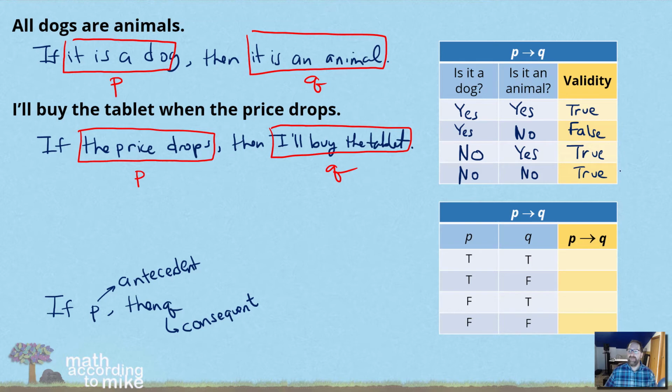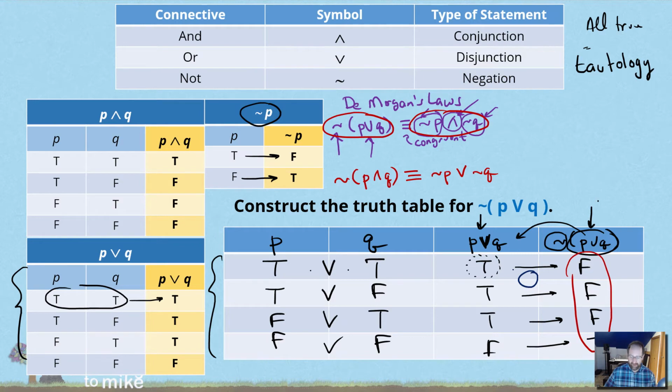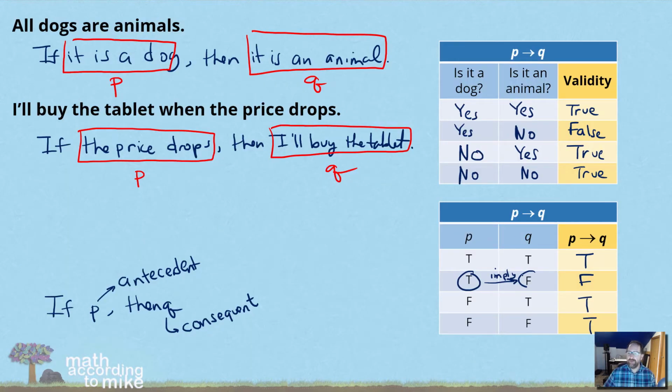So this is the truth table layout for if P then Q. True, false, true, true. The big one is something true cannot imply, that's what this arrow means, something false. Something true cannot imply something false.